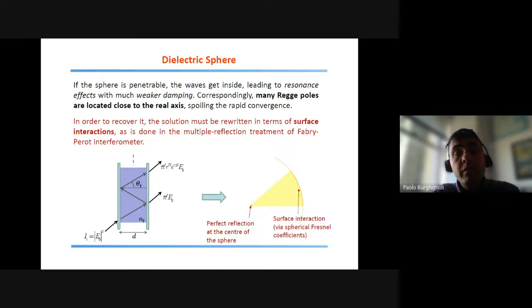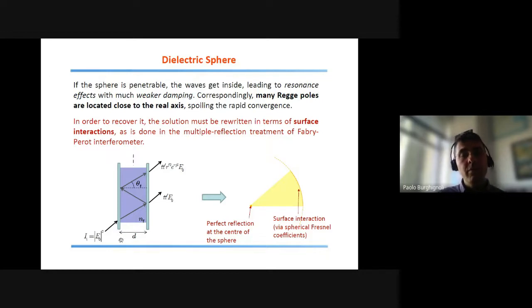In order to recover a fast converging series, it is necessary to modify the form of the solution by rewriting it in terms of surface interactions, much in the same way it is done in the treatment of, for instance, Fabry-Perot interferometers in terms of a multiple reflection description, which is recalled here in this slide on the left.